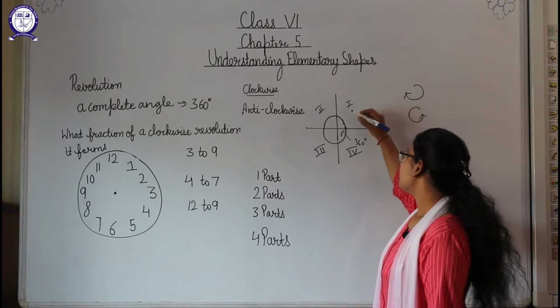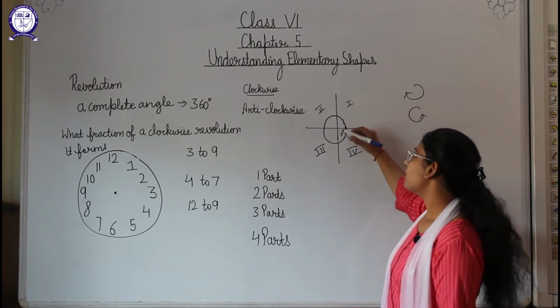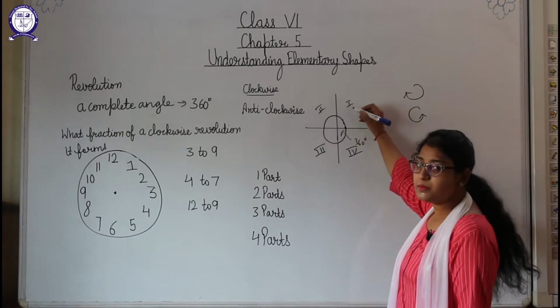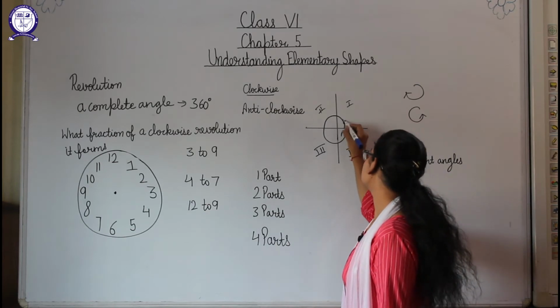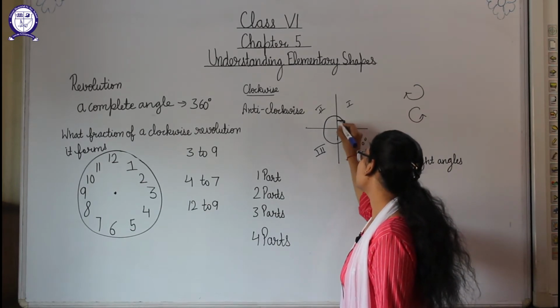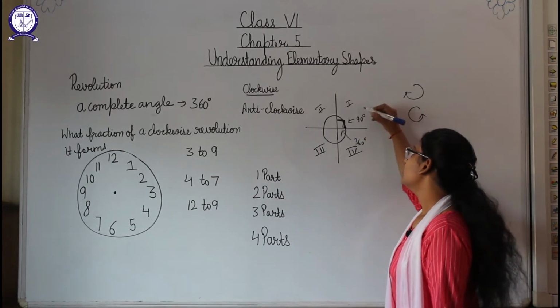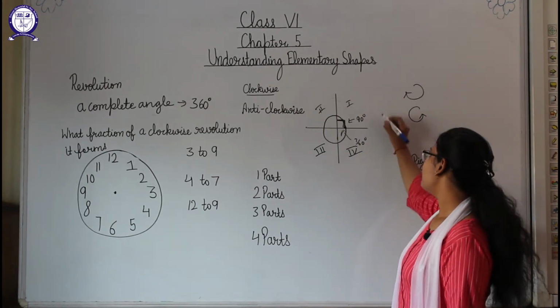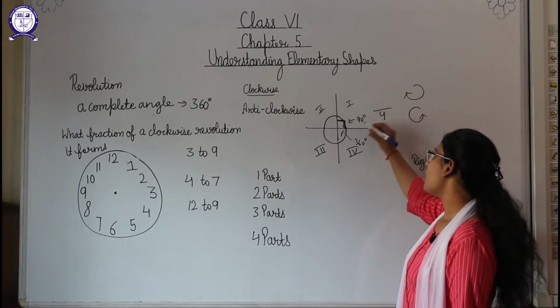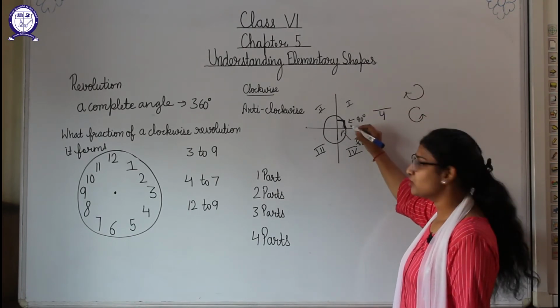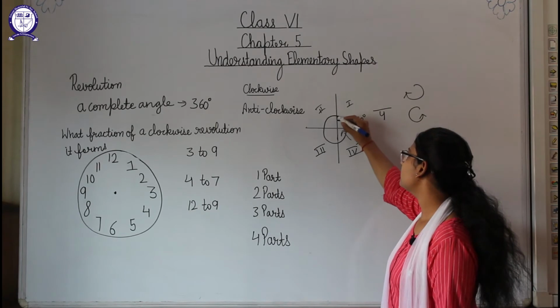Now if I say that from the revolution we are covering only one part, only this one part, what is this angle? This is a 90-degree angle here, and from the total 4 parts, how many parts are we covering? One part only, from here to here we are going.